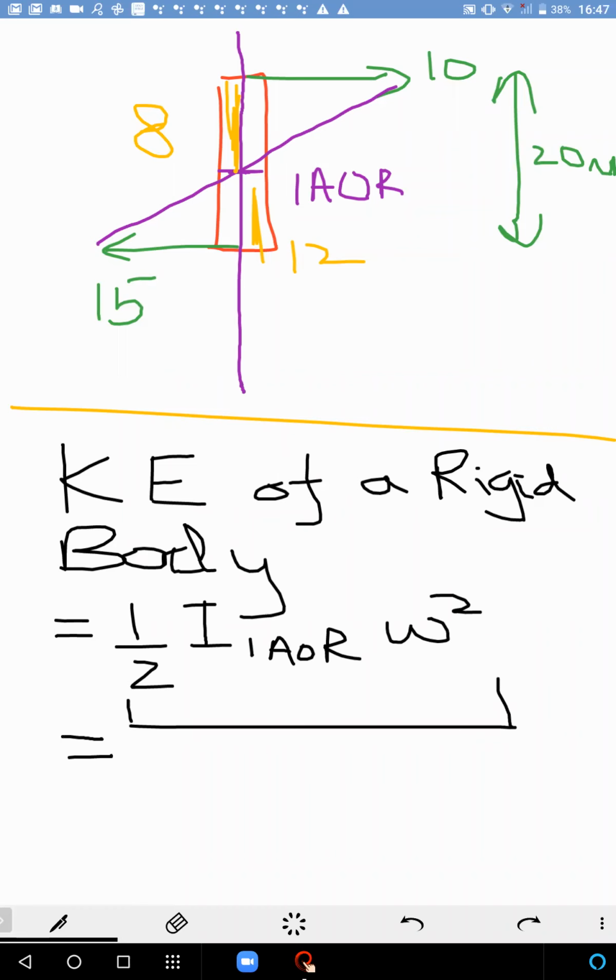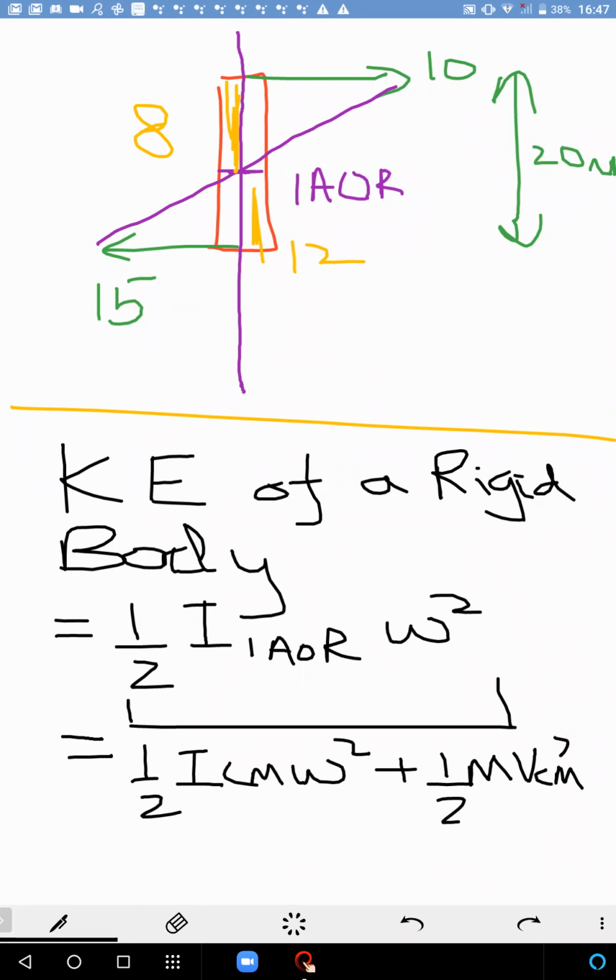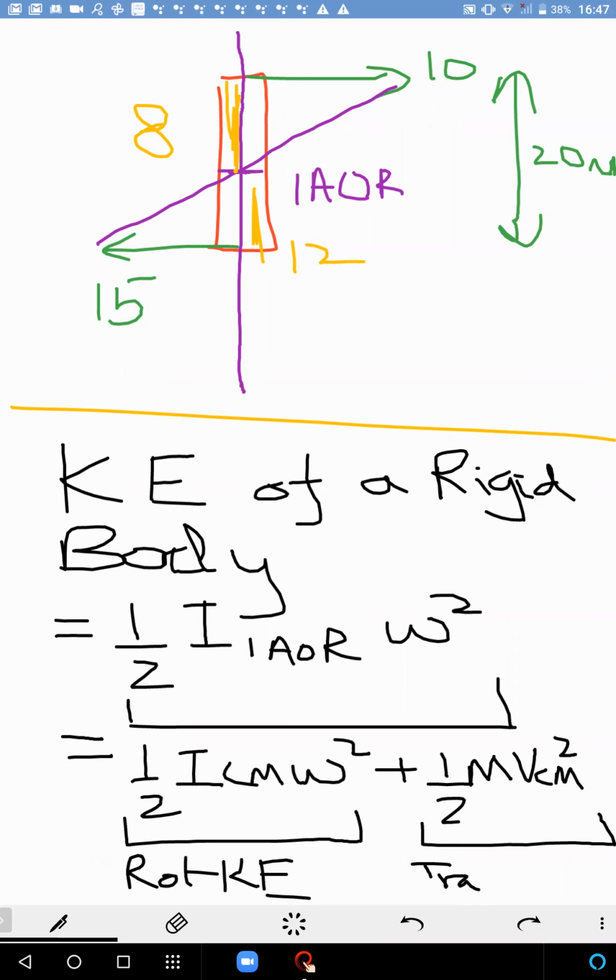So that just comes from parallel axis theorem. तुम IAOR को ICM plus MR square लिख सकते हो, जिसके कारण एक टर्म हो जाएगा हाफ ICM ओमेगा स्क्वायर, एंड फिर दूसरा टर्म हो जाएगा हाफ M R स्क्वायर ओमेगा स्क्वायर, जिसको लिखेंगे VCM स्क्वायर. ठीक है, this same first term is split into two terms. इसका नाम, this is just the way of giving it a name, this is just called as rotational kinetic energy. This is just labeled as translational kinetic energy.